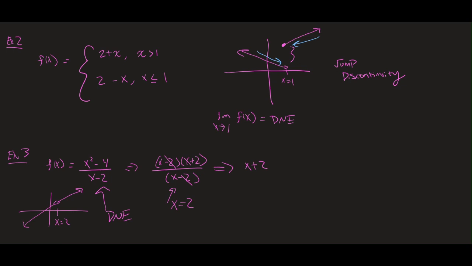We have a discontinuity at x equals 2 because f of 2 does not exist. And this is called a removable discontinuity.